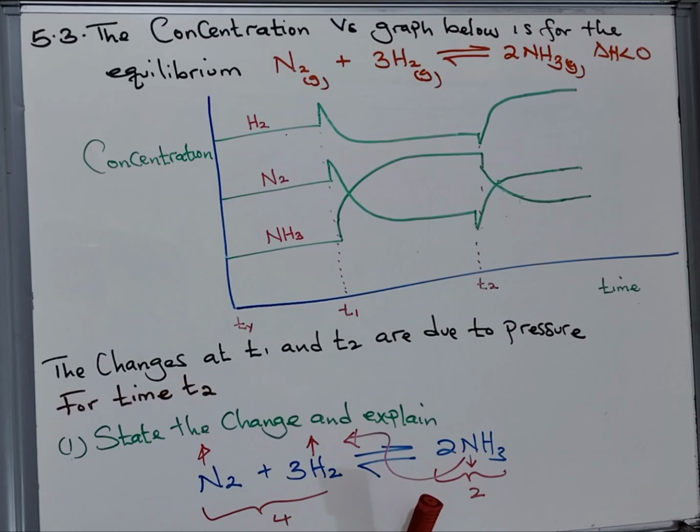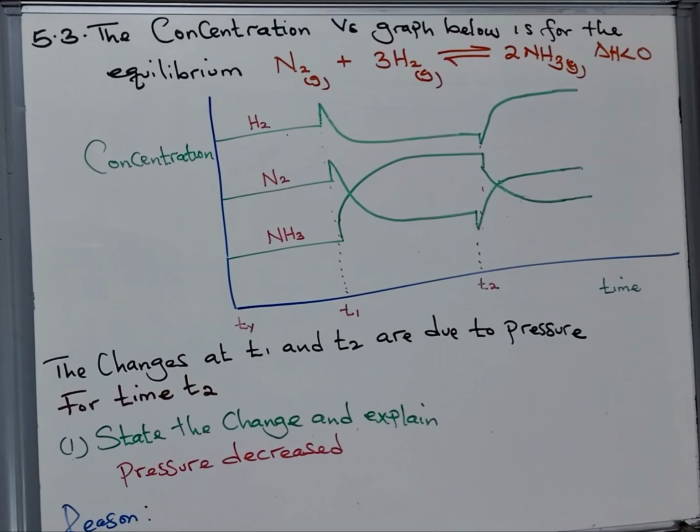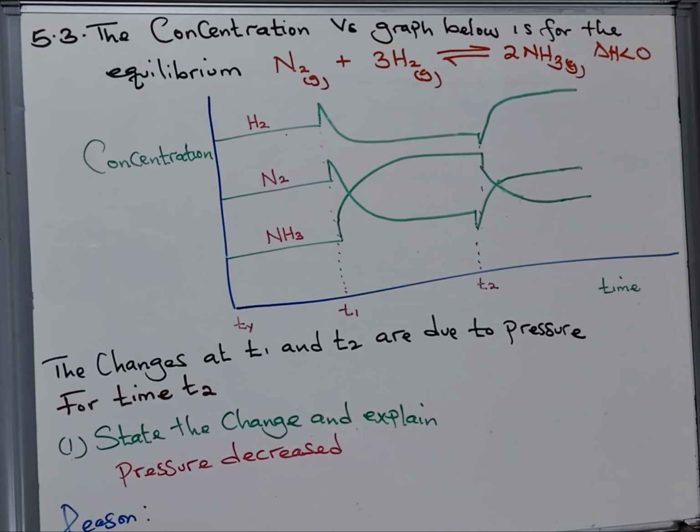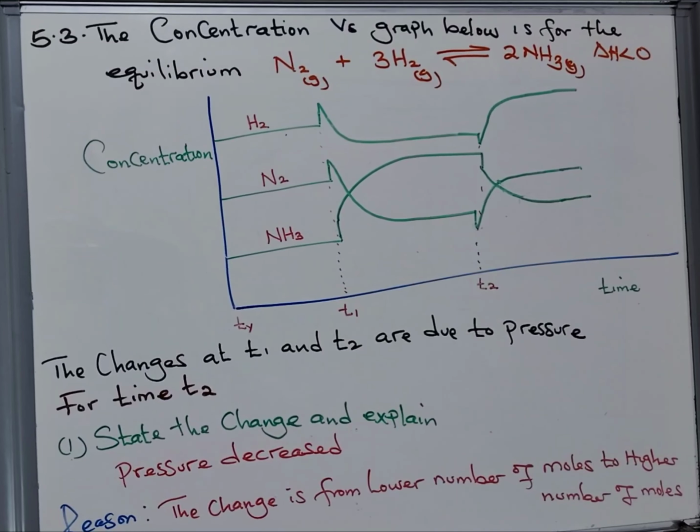So what is our answer here? Pressure decreased. And that is that. So what's the reason? The reason is that the system changes from lower number of moles to high number of moles. That is that.